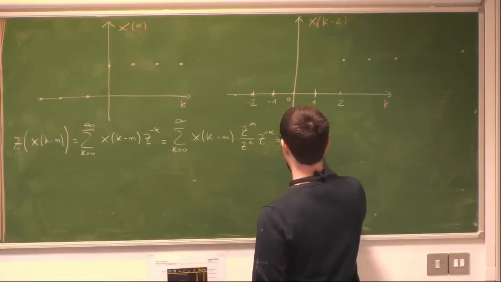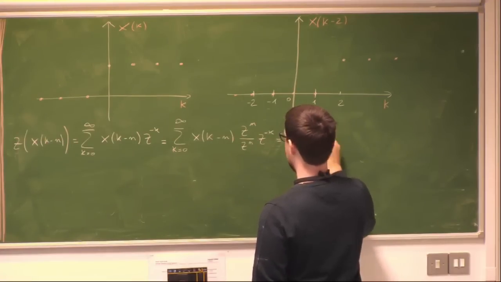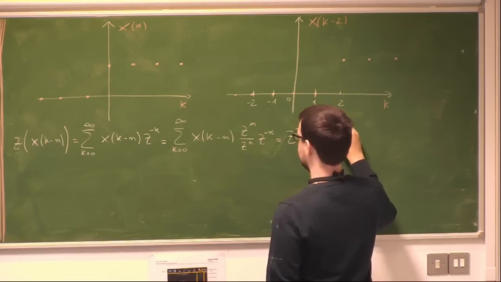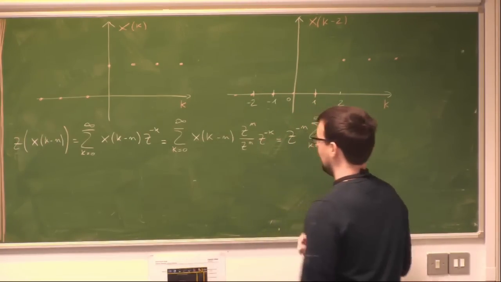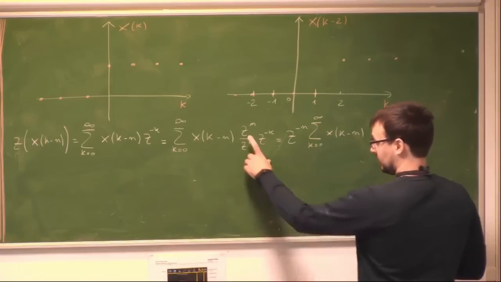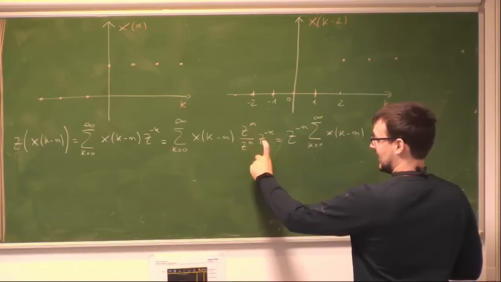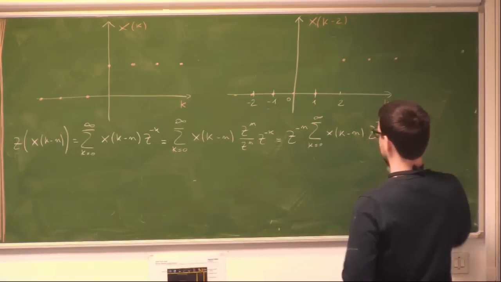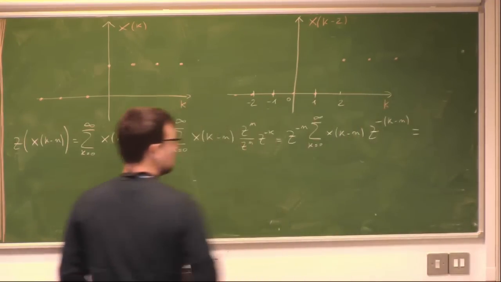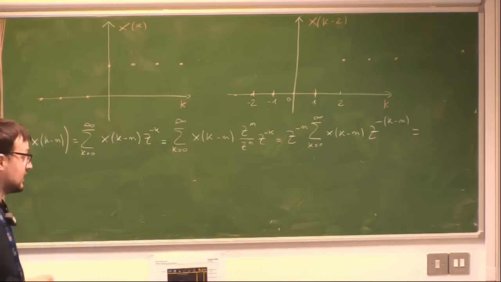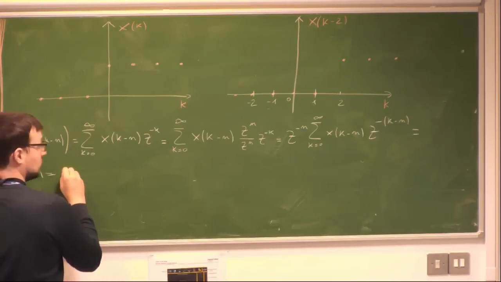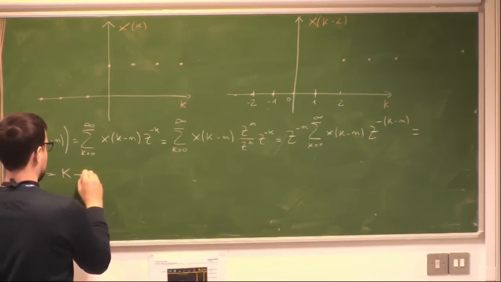So we have z power minus n, and then inside we have the sum for k from 0 to infinity of x of k minus n, and then here we have z power n times z power minus k, and this can be written as z power minus k minus n. Okay? Now we make a change of variable, and we define the variable m equal to k minus n.